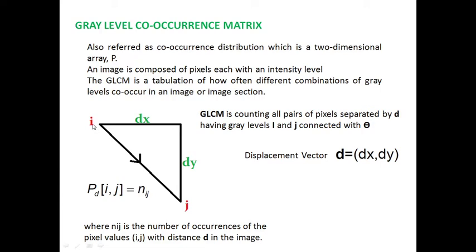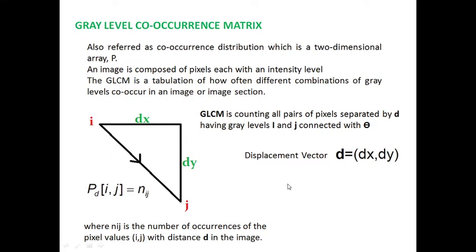If i is one pixel and j is another pixel inside the image, the relative distance between i and j, the pixel pair, is the displacement vector, small d.